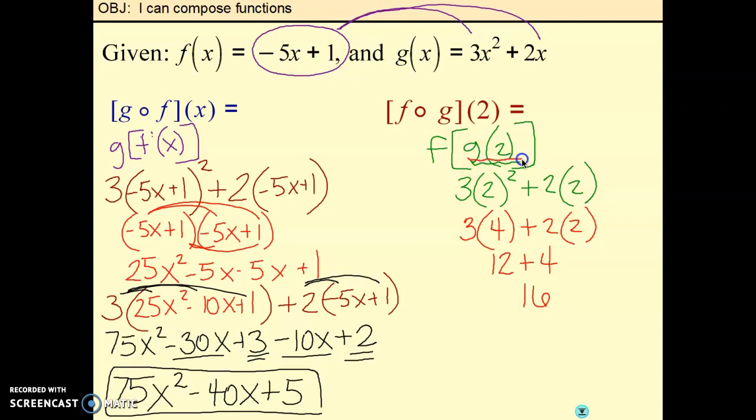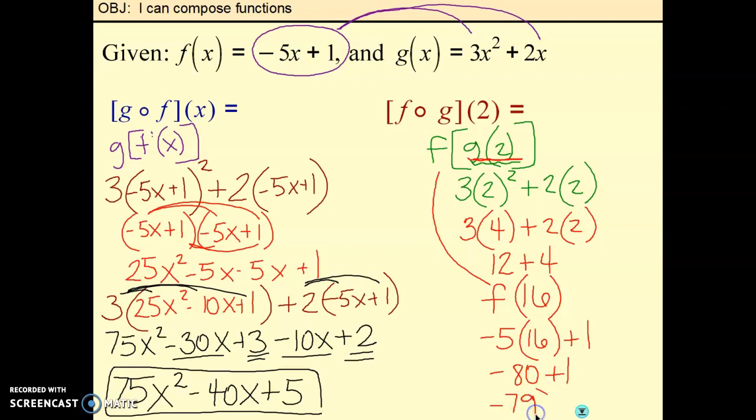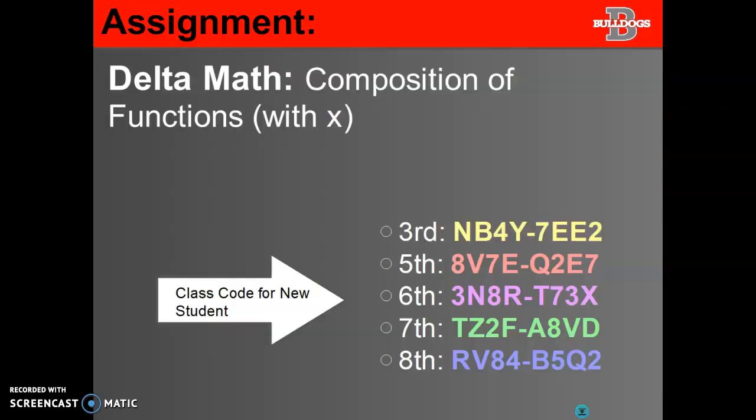That's just from plugging 2 into the g function. Then we use that output, and it becomes the input now into the f function. So now 16 I'll plug into the f function to get negative 80 plus 1, so negative 79. And there's our recap from today and yesterday with this assignment for today.